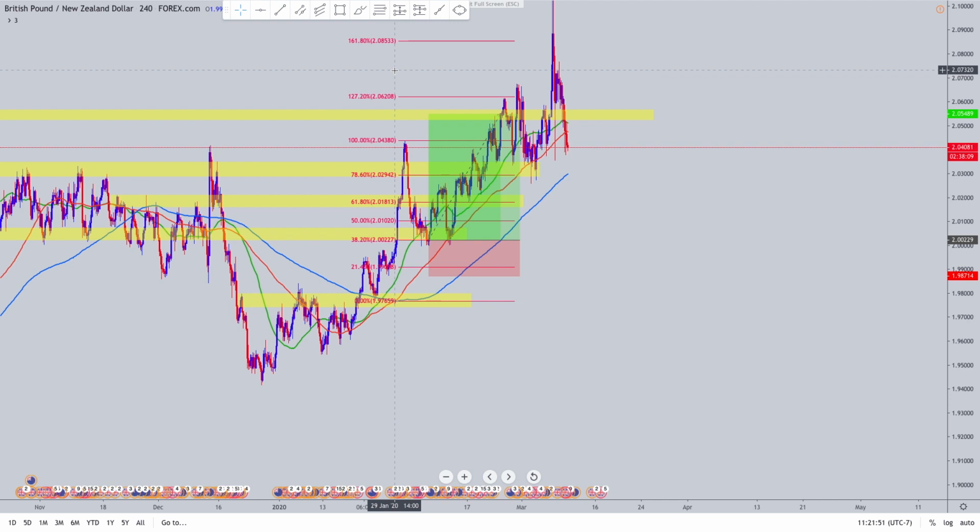Not in a ranging market, in trending price action. You want to use it. You can use it for finding a retracement and also for placing your take profits. And lastly, make sure you're using it with other confluences, because Fibonacci alone isn't the best tool, but if you combine it with other things, it's quite nice.